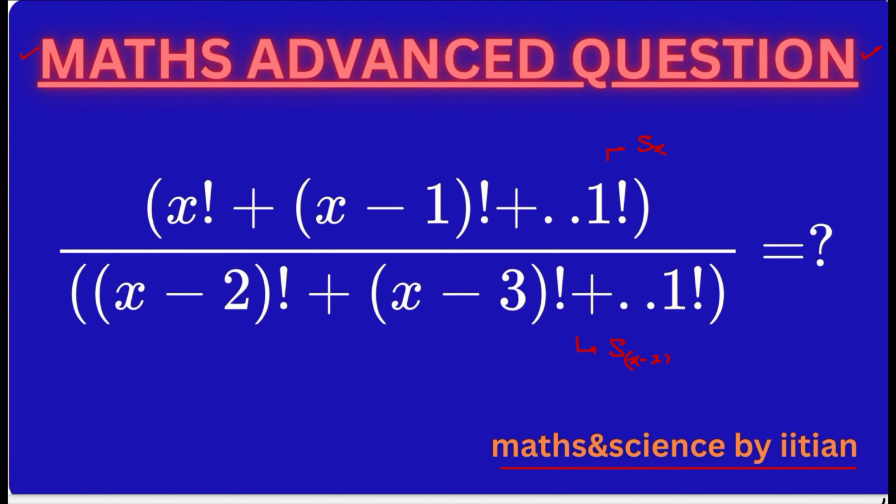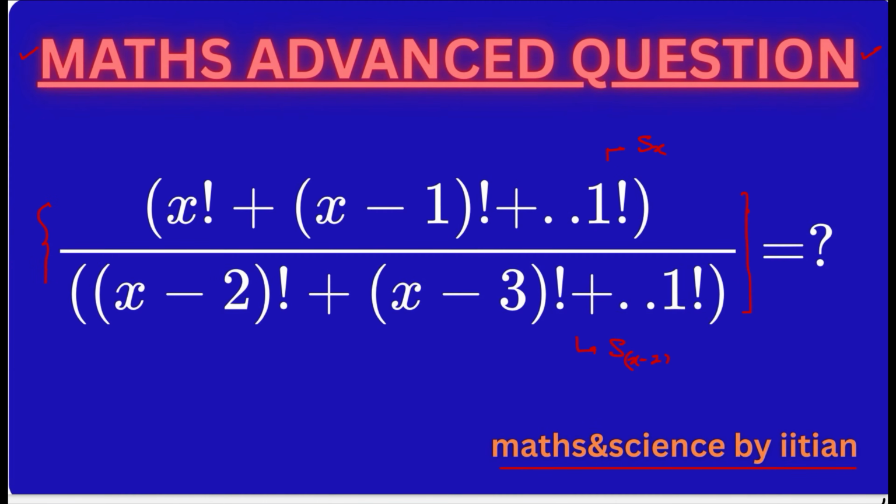The numerator is the sum factorial x plus factorial x minus 1 up to factorial 1, and the denominator is factorial x minus 2 plus factorial x minus 3 up to factorial 1. Both have different values.